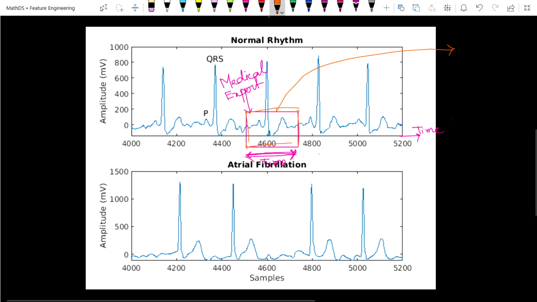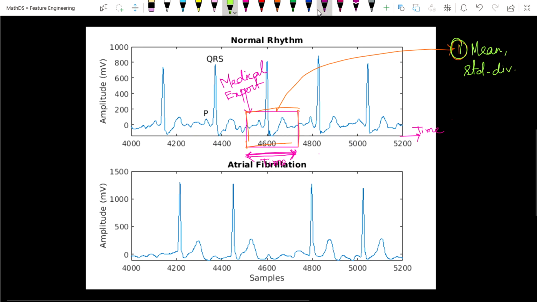The first features I'm taking are the most common, most general ones that we use for general purposes: the mean, and the standard deviation value. The first most common one is mean and standard deviation.